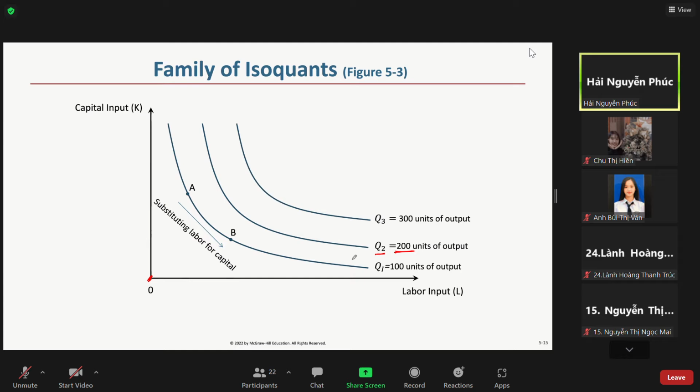And similarly, Q3 gives us 300 units of output, right? So you can see that once again, the isoquant further from the origin tells us about a greater level of output, right? And all of this is called the family of isoquants, Q1, Q2, and Q3, right? Increasing the output.